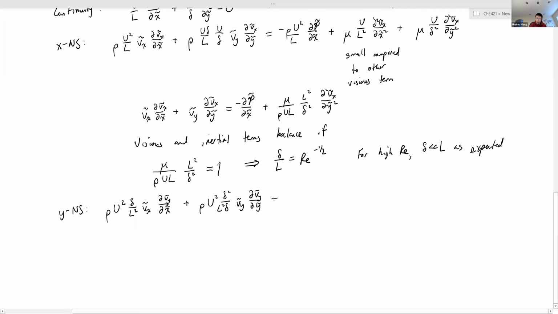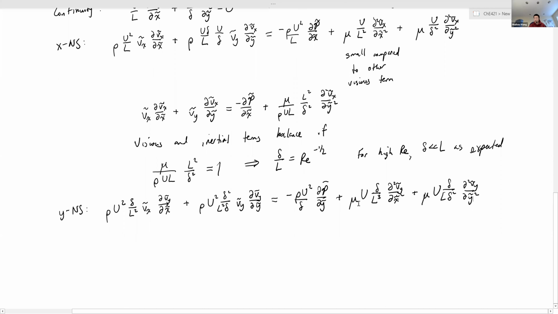And then we have the pressure term, and we have the two viscous terms. And I won't comment too much on each of these, but I'll just say that the math totally works out.